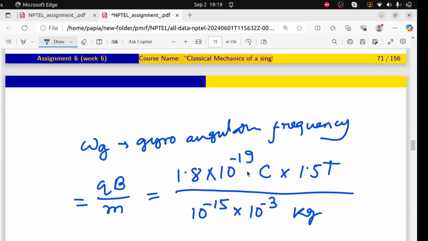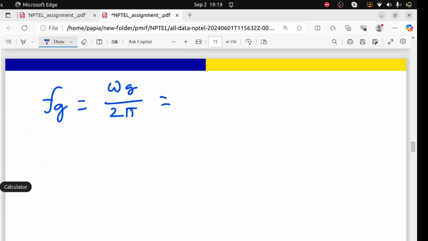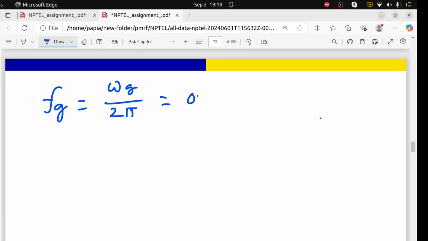But now they are talking about f g, which is omega g by 2 pi. So if I divide that by 2 into pi, 0.0429. So I can write it as 0.043 and it will be in hertz.